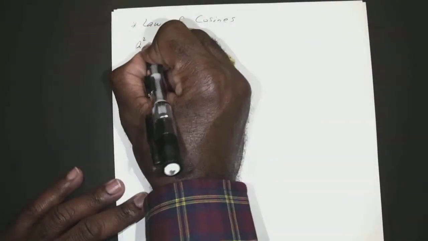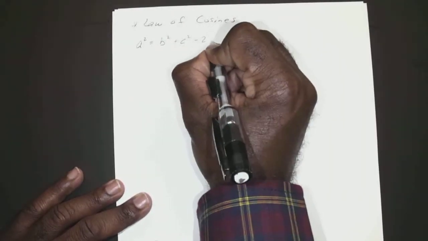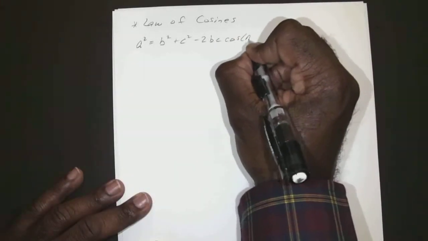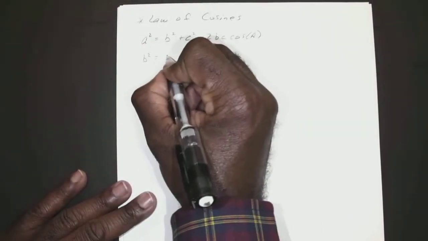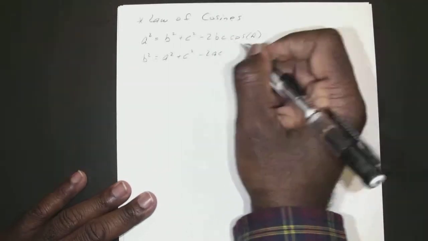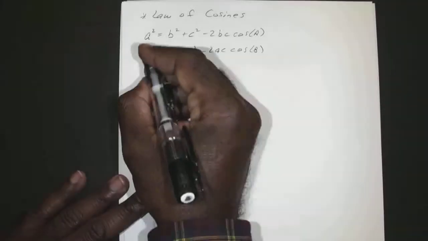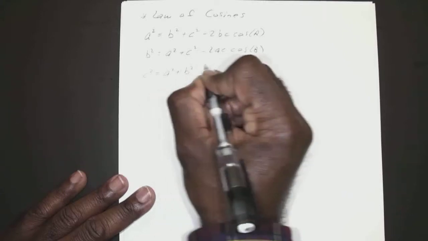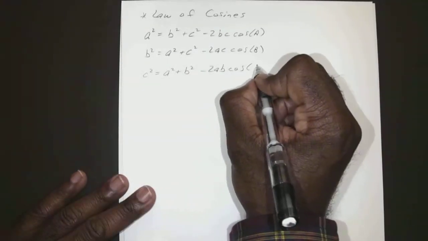So a squared is equal to b squared plus c squared minus 2bc cosine of angle A. B squared equals a squared plus c squared minus 2ac cosine of angle B. And c squared is equal to a squared plus b squared minus 2ab cosine of angle C.